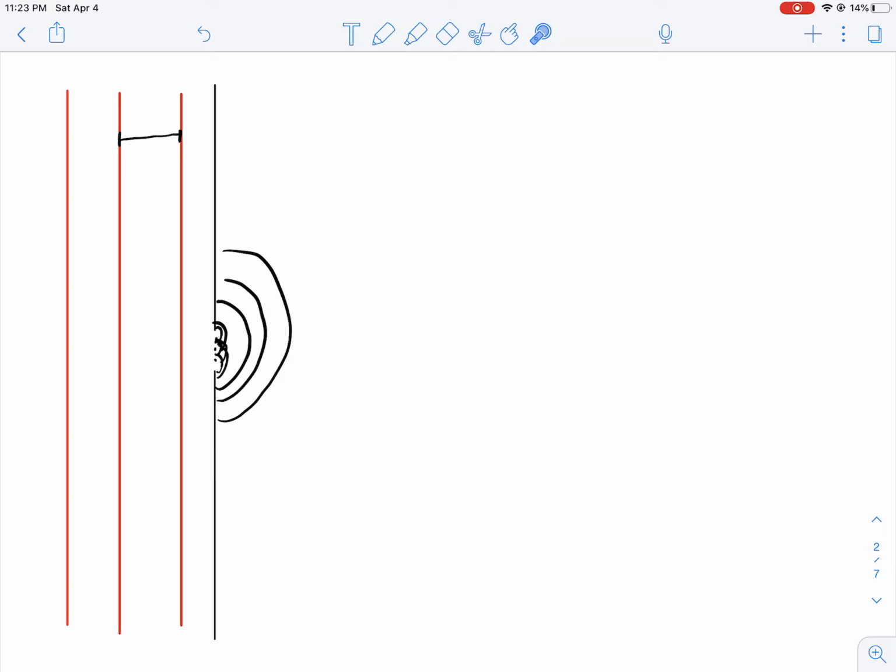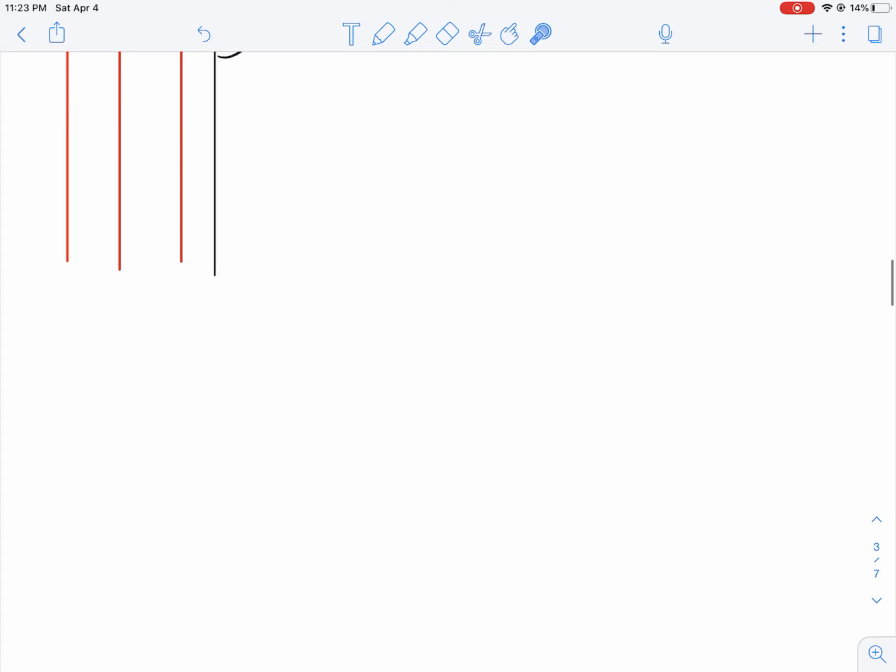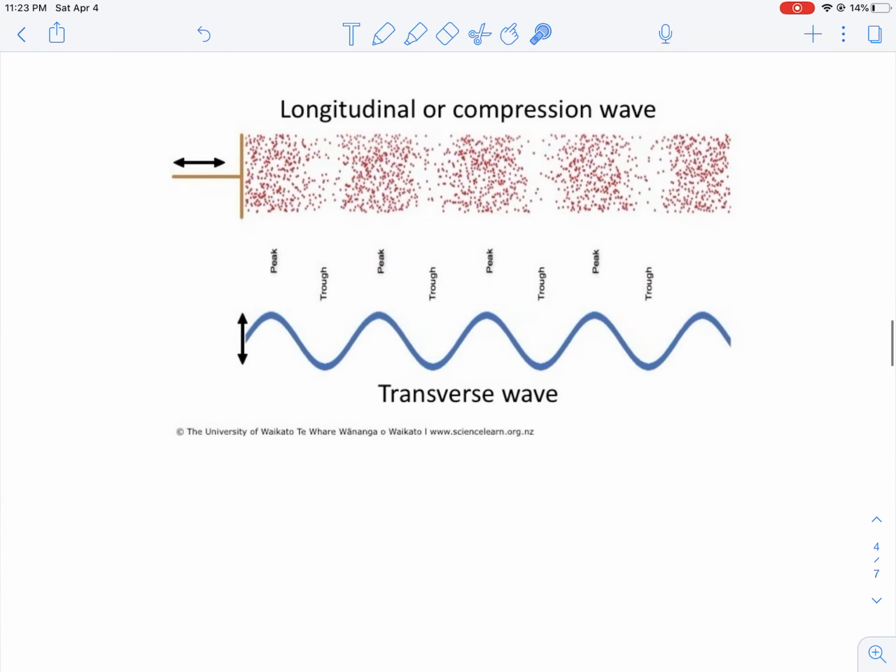Now, for sound, as we'll be looking in the next slide, sound can tend to have rather large wavelengths. And in this case, wavelengths are defined as areas of high pressure to another area of high pressure. These areas of high pressure are the peaks, and the areas of low pressure are the troughs.